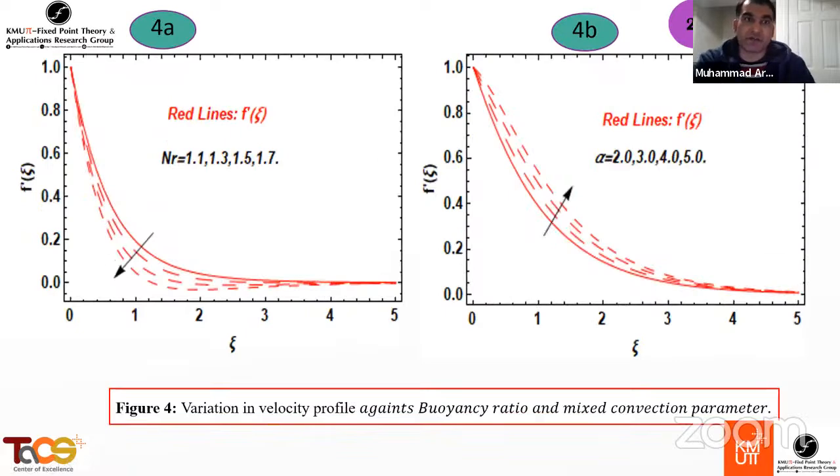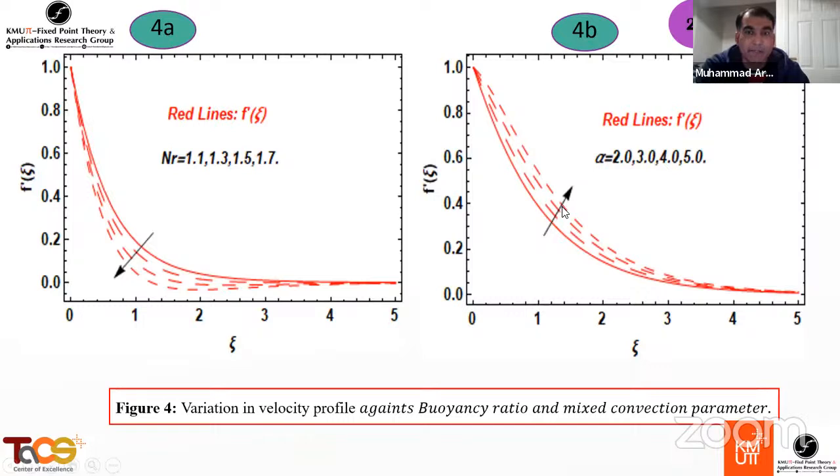Next, we have figure 4a and 4b, which show the impact of the radiation parameter on the primary velocity. By increasing the radiation parameter, the primary velocity shows a decline, or you can say radiation is responsible for decelerating the primary velocity.